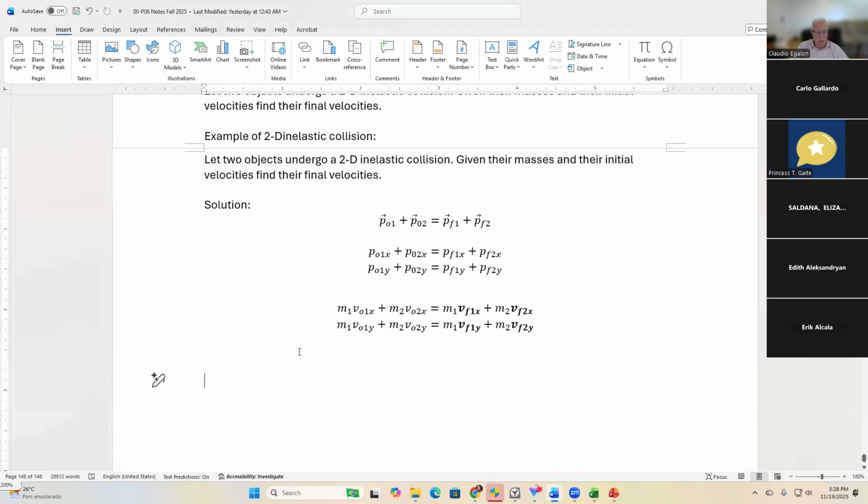That is another vectorial equation: the final velocity of 1 is going to be equal to the final velocity of 2, which ends up being 2 additional equations, right? And now we have 4 unknowns and 4 equations.